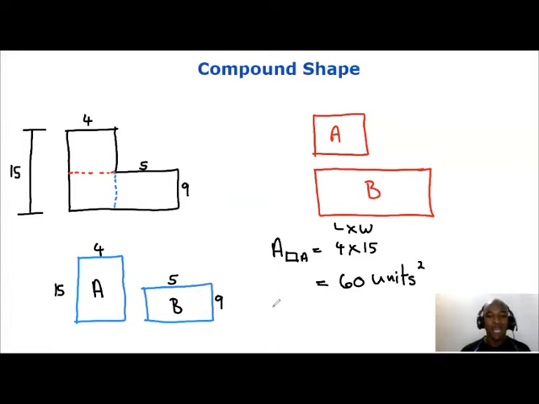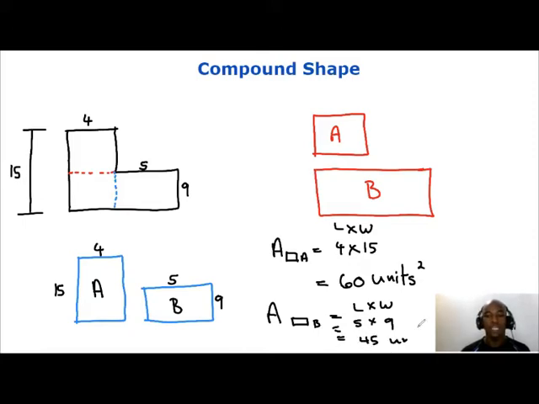And for B, the area of rectangle B would again be length times width, which in this case is 5 times 9. That of course will be equal to 45.